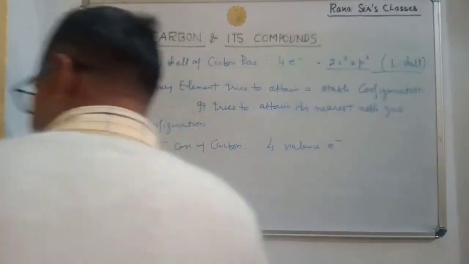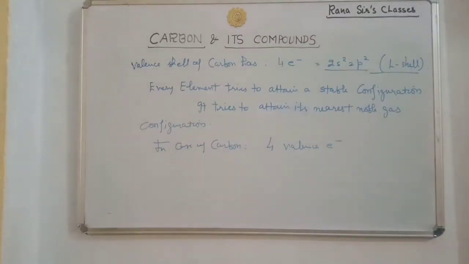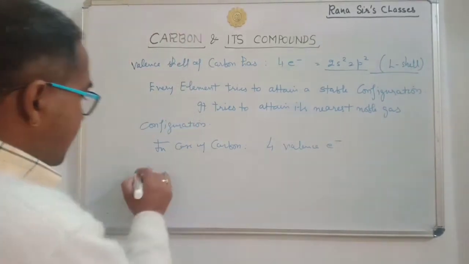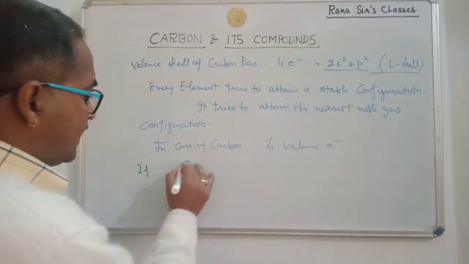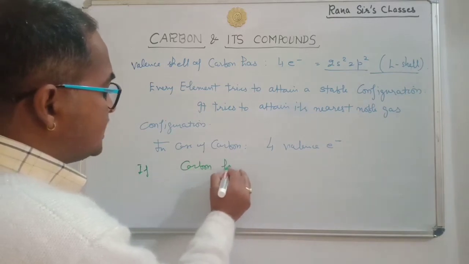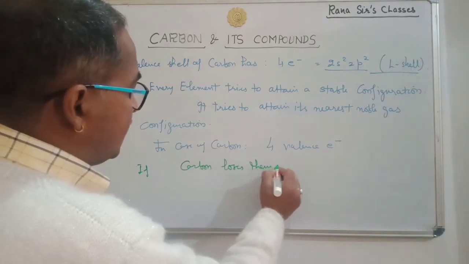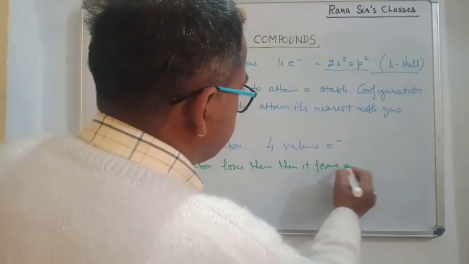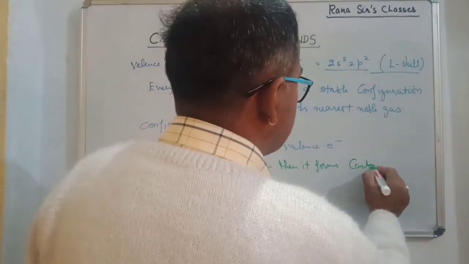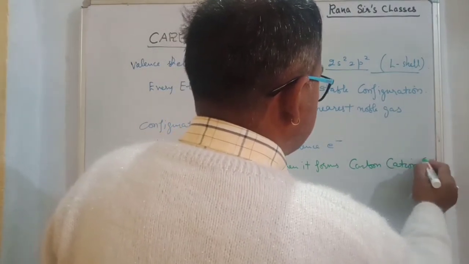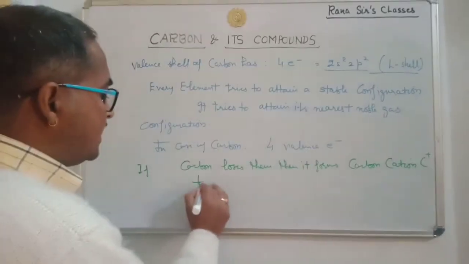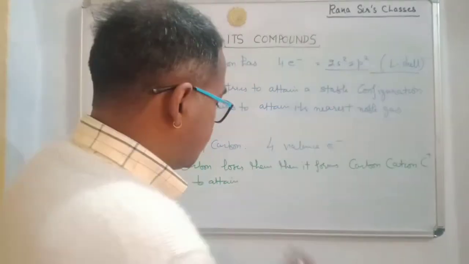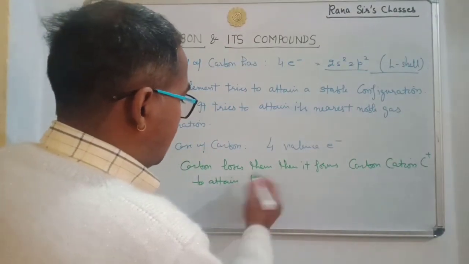If carbon loses them, then it forms a carbon cation, C4+, to attain helium noble gas configuration, because helium has atomic number 2.